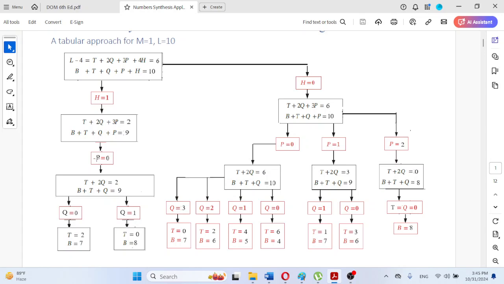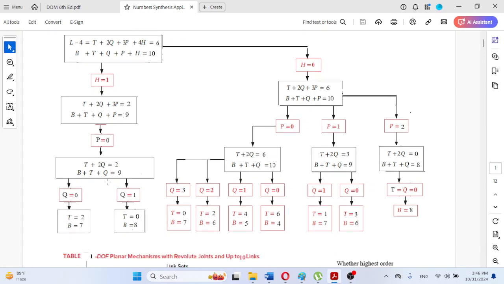So when p is equal to 0, the equations result like this: t plus 2q will be equal to 2, and the lower equation will be reduced to b plus t plus q plus p is equal to 9, so b plus t plus q is equal to 9.